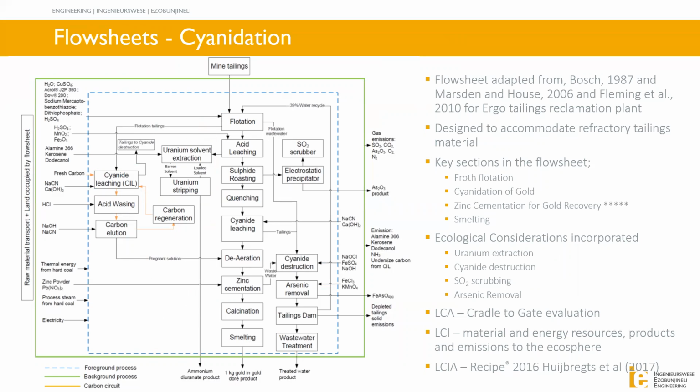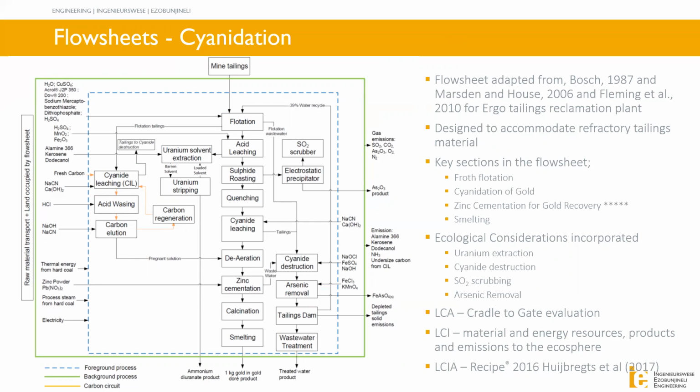So for the LCA, the system boundaries for the cyanide and thiosulfate processes are shown by the green line and the blue line for foreground, which is processes involved in generating the functional unit, i.e. gold, and background processes, which is manufacture of raw materials used in the process as well as energy resources.